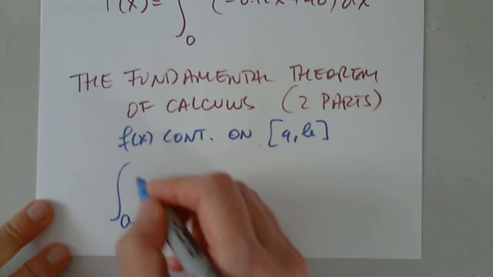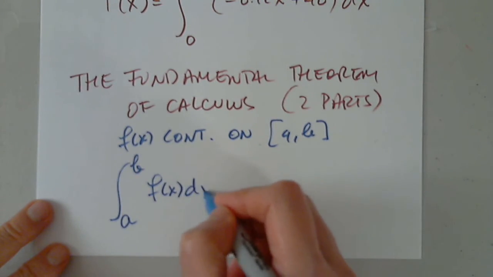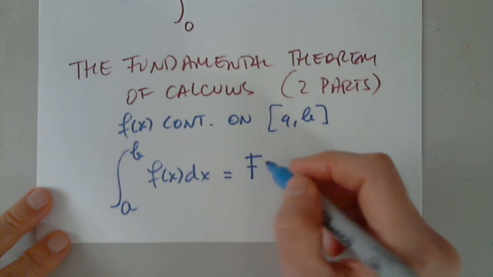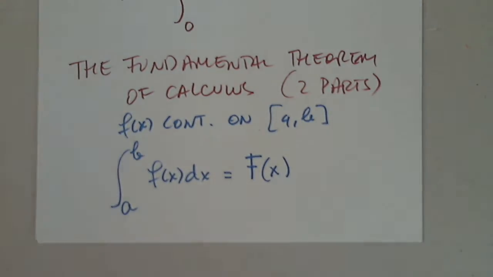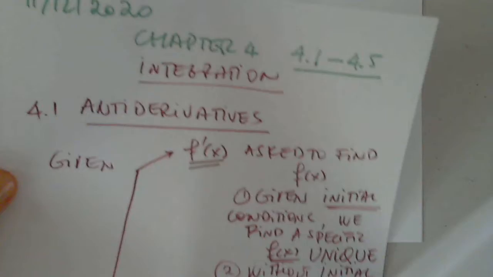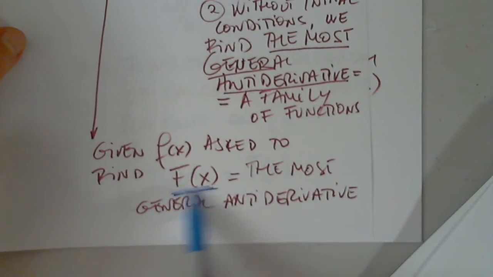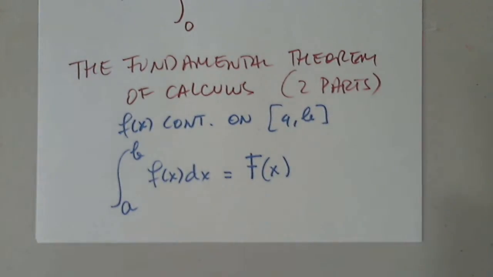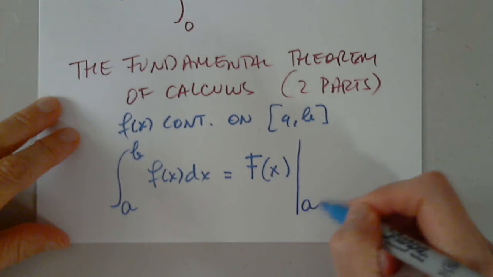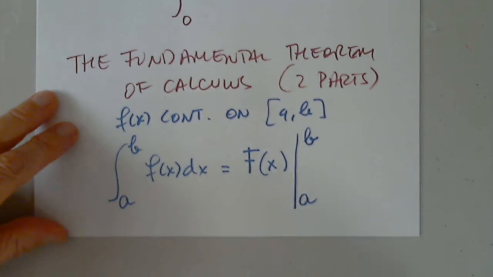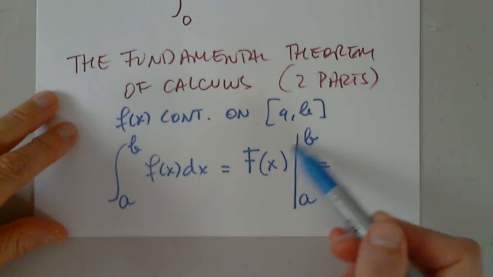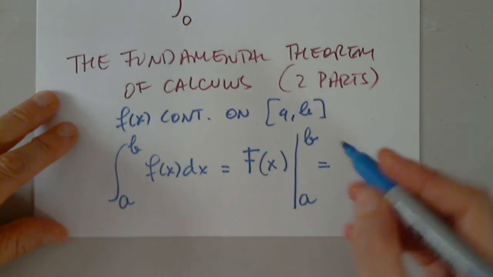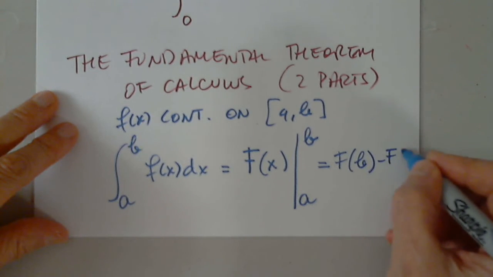The integral from a to b of f of x dx, which is a differential, is, and you remember from the first thing we did today, the most general antiderivative evaluated between a and b. And this is calculated by replacing x with the upper limit, then the lower limit: F of b minus F of a.